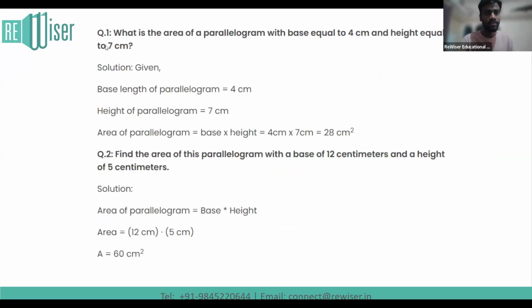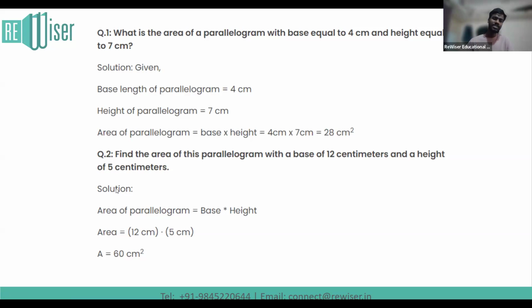So if I talk about solving the sum, I'll just solve this question to find the area of the parallelogram with the base as 12 centimeters and the height as 5 centimeters.